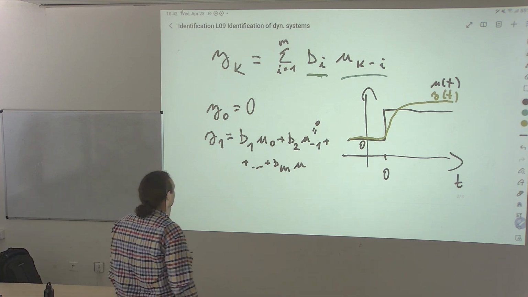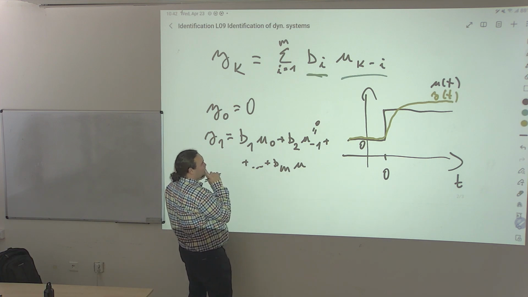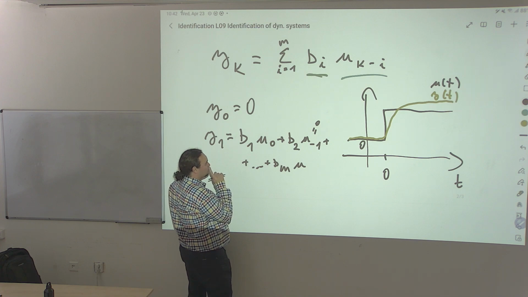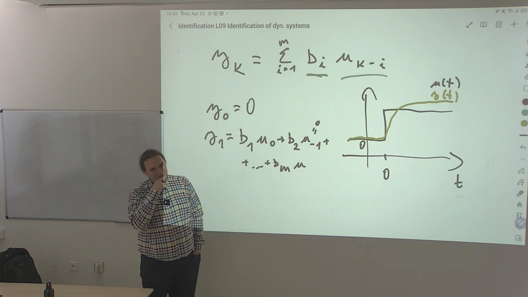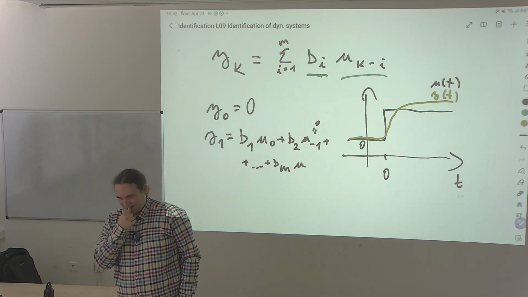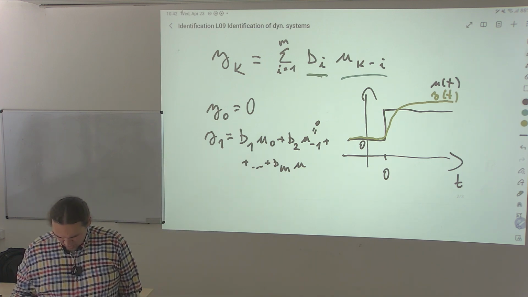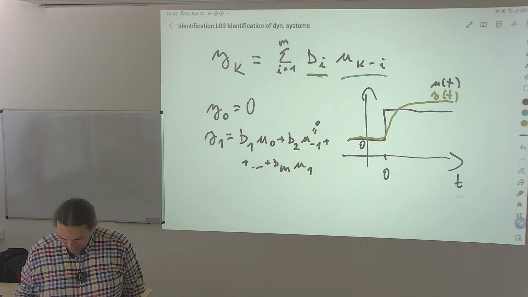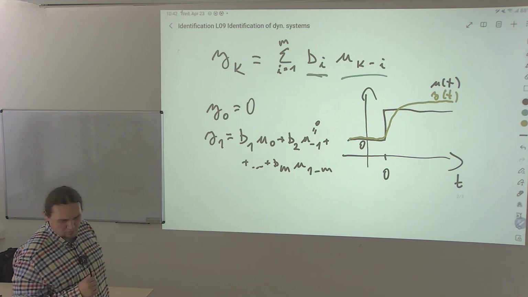So if we now take the b_m, which index of u will that be? k minus m. Okay, but our k is 1, so 1 minus m, exactly. Very good.